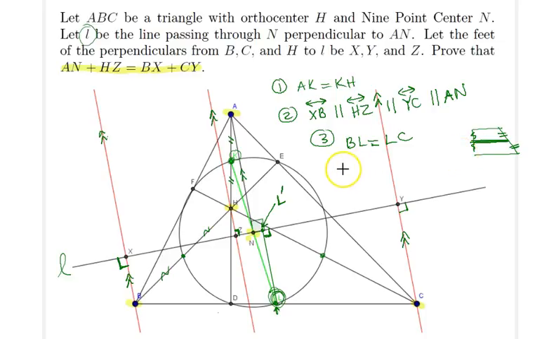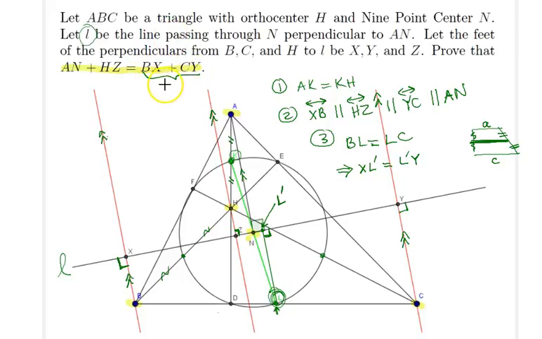So therefore this implies that XL prime is actually equal to L prime Y. But if that's the case, we know from the property of the trapezoid that if we call these A and C, that midline has length (A plus C) over 2. In that case, our midline is LL prime, and it immediately tells us that 2LL prime is simply equal to XB plus YC. And that's wonderful.